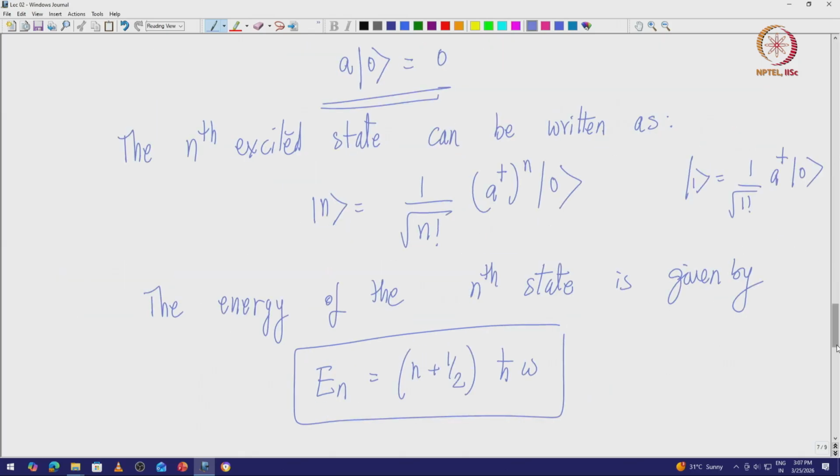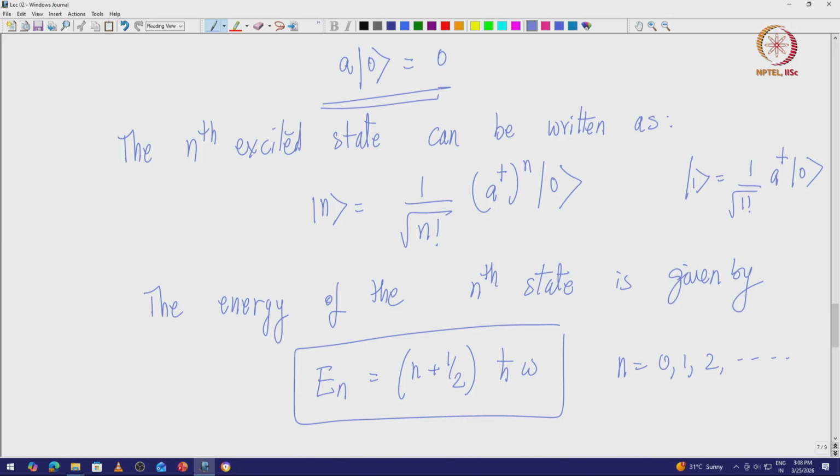The spectrum for the nth state is given by n plus half, times h cross omega, where n is equal to 0, 1, 2, 3, the whole numbers essentially. Okay, I missed writing this earlier.